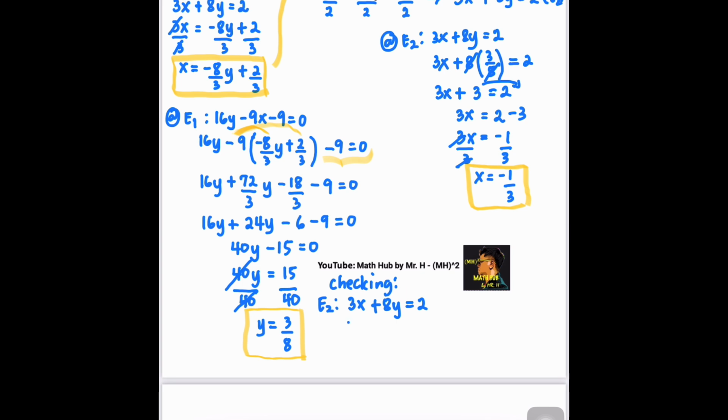All right, so 3 times x is negative 1 over 3 plus 8 times 3 divided by 8 for y equals 2. So 3 times negative 1 over 3 is negative 1.